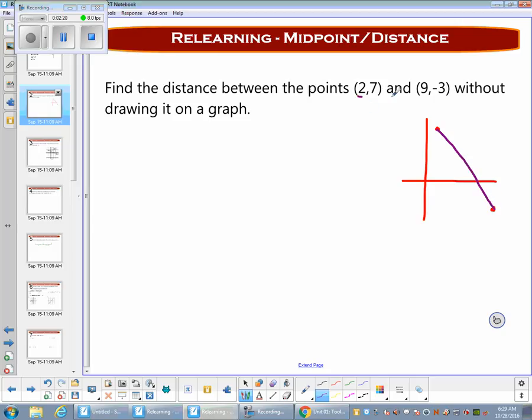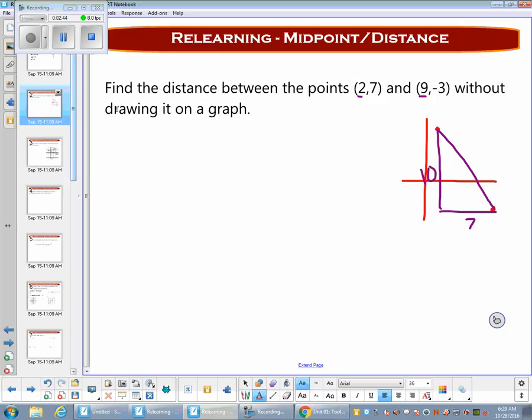So now between 2 and 9, that distance is 7 because 9 minus 2 is 7. Here, negative 3 to 0, that's going to be a distance of 3. 0 to 7, that's a distance of 7. So 3 plus 7 gives us a whole distance of 10.